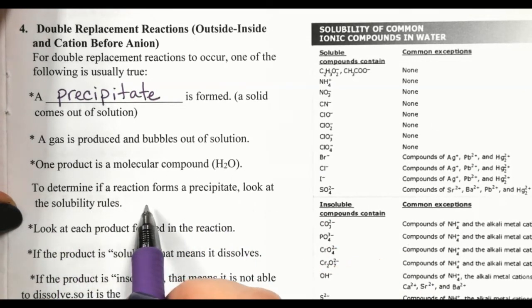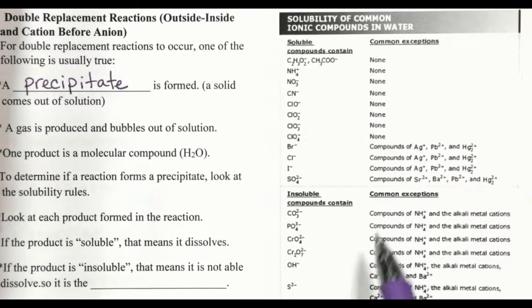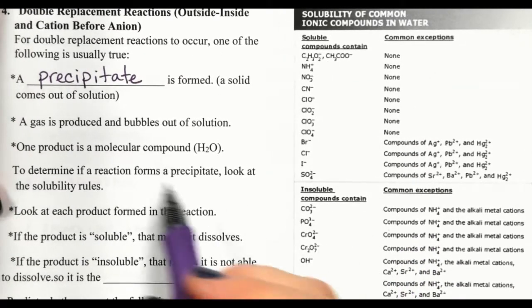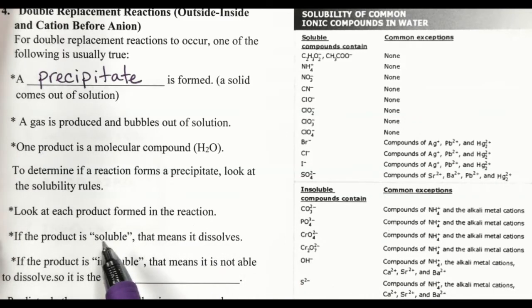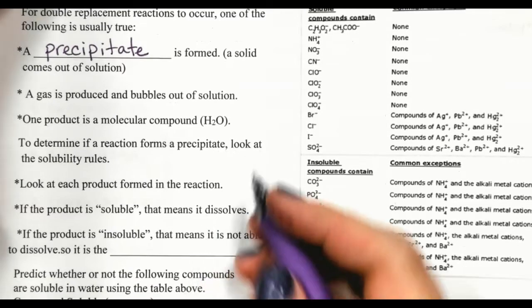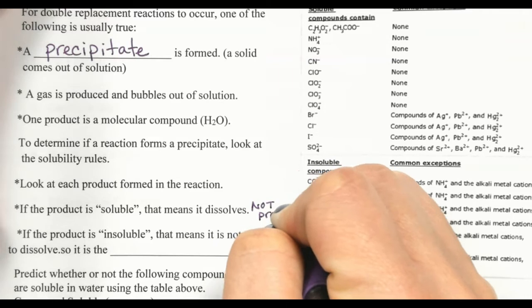To determine if a reaction forms a precipitate, we're going to use solubility rules, and these are going to be provided for you from the STAR references. So we look at each product formed in the reaction, and if the product is soluble, that means it dissolves and is not a precipitate.